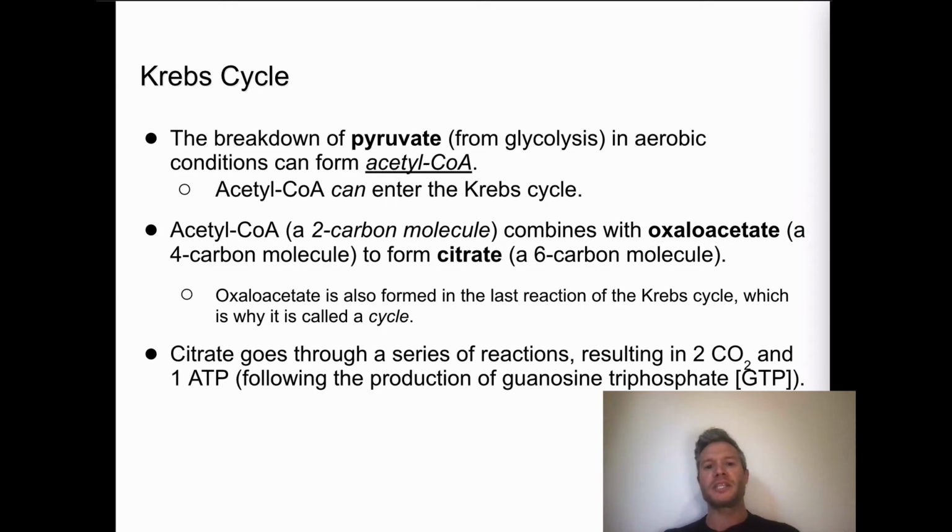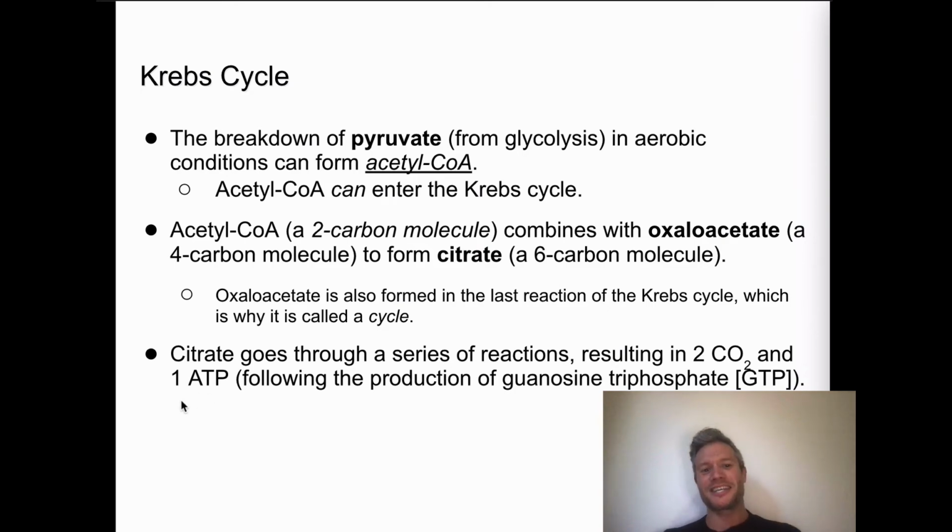The main reason is we have this citrate molecule, the 6-carbon, that goes through the full cycle and ends up back as oxaloacetate, and because of that, again, we call it a cycle, right? So we used to have citrate as kind of the marker or initial molecule in the cycle. I digress. We'll keep calling it Krebs here.